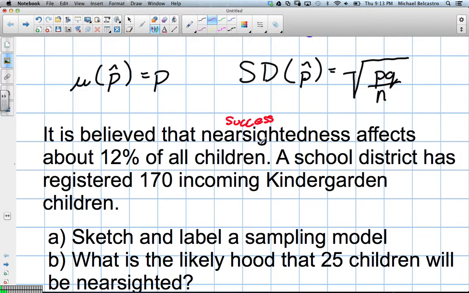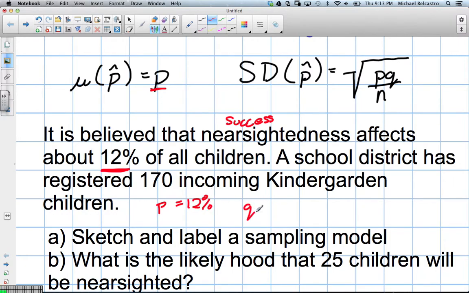What that means is the probability of getting a success is 12% when looking through a group of children. You have a 12% likelihood of a kid being nearsighted. That would be a success. In other words, our P in this question, which is going to be our kind of mean for the population, is equal to 12%.